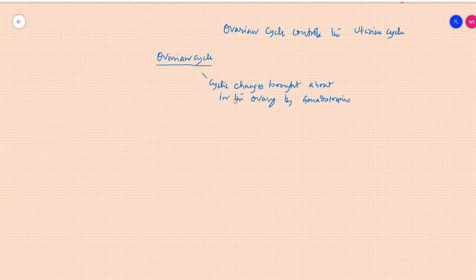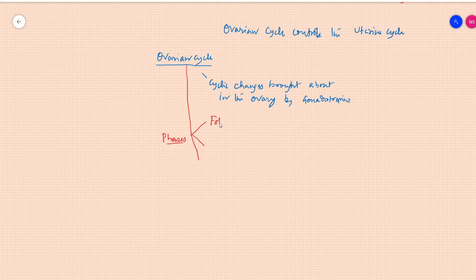Okay, so this is called the ovarian cycle. And we have seen that the ovarian cycle can be divided into three phases. So what are the three phases?